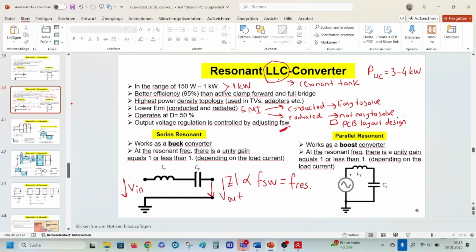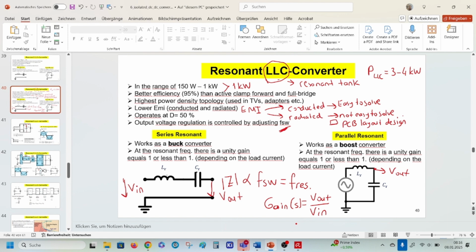If we use a parallel resonance, this node is called the output voltage, and in general the gain function of a converter is described as the output voltage to input voltage.